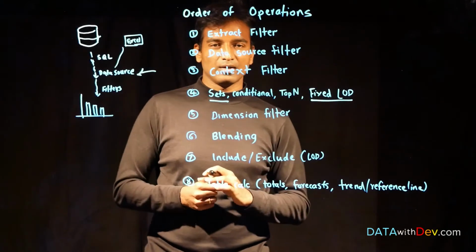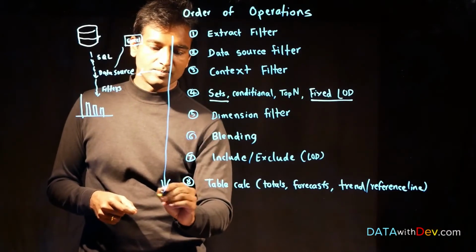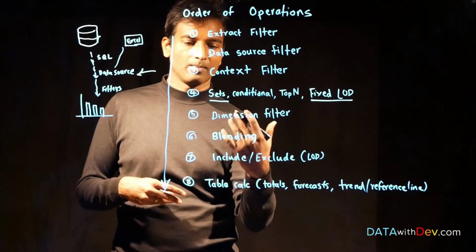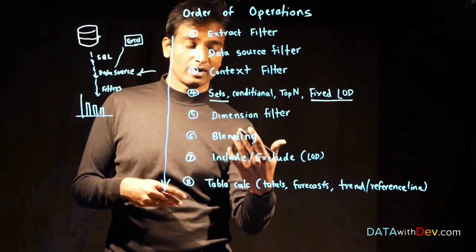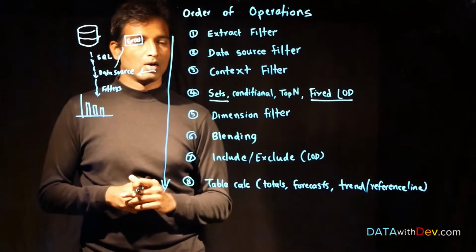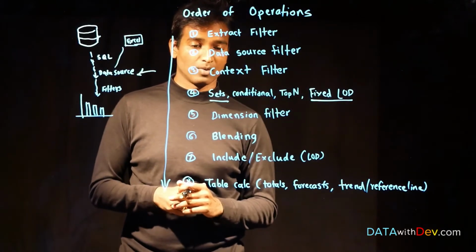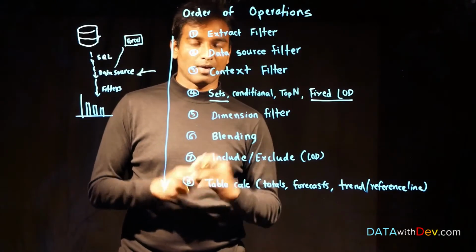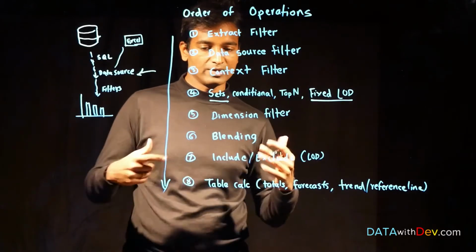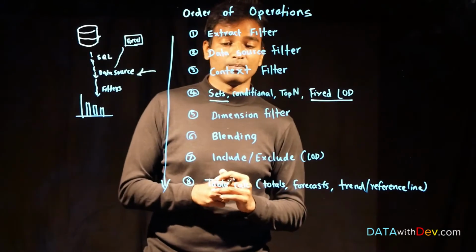Basically, the idea is the further down the pipeline you go, the more processing there is. So you'll benefit from reducing the amount of data or the granularity of data. And we're going to look at one example here on performance as well with our box and whisker plot, where we try to bring in every single dog's information with individual details, and you can see that the visualization performs very poorly.